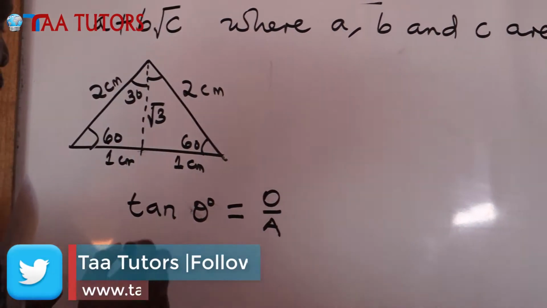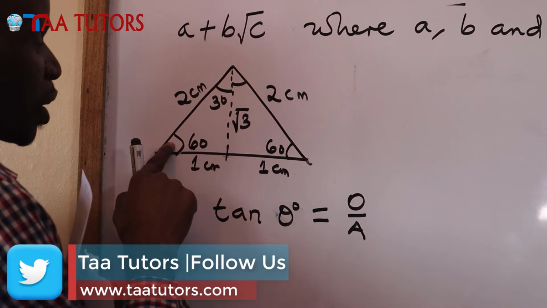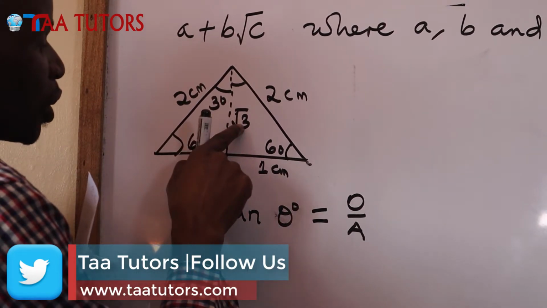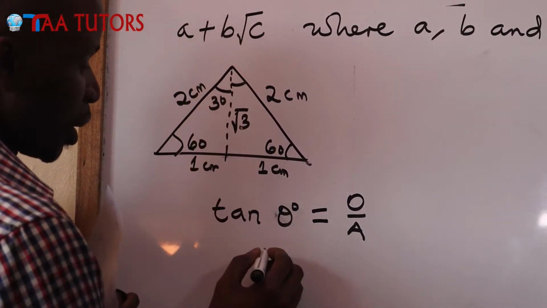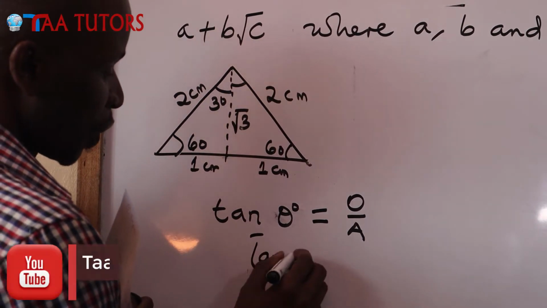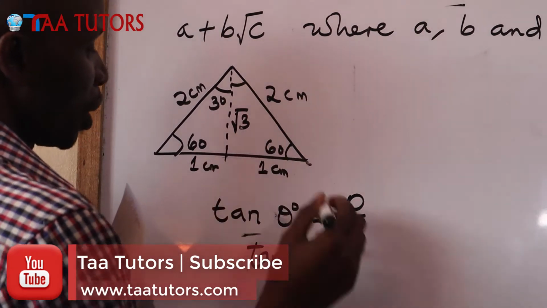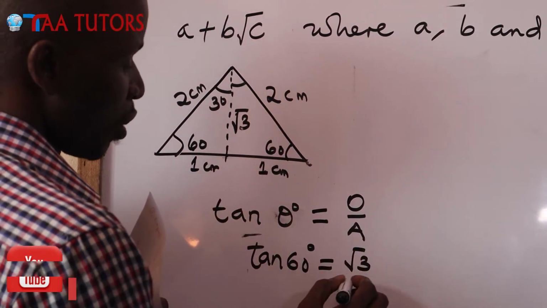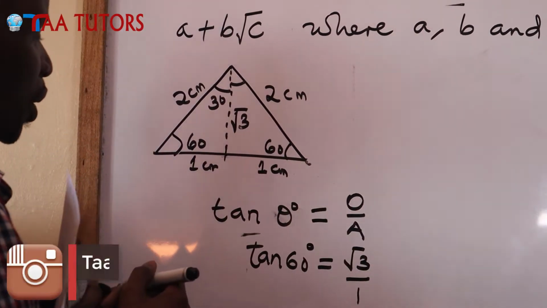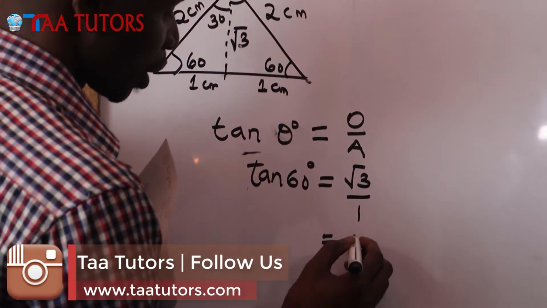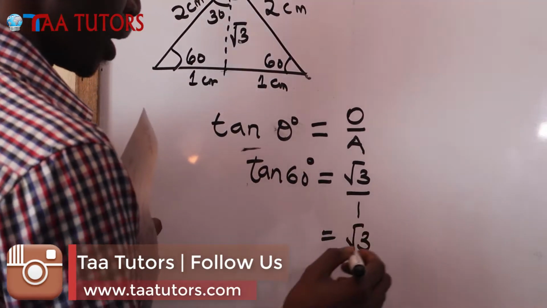And in this case, this is 60. The opposite is here. Adjacent is here. So tan 60 degrees will be opposite is √3 over adjacent is 1. So it means that tan 60 is simply √3. We got our tan 60.